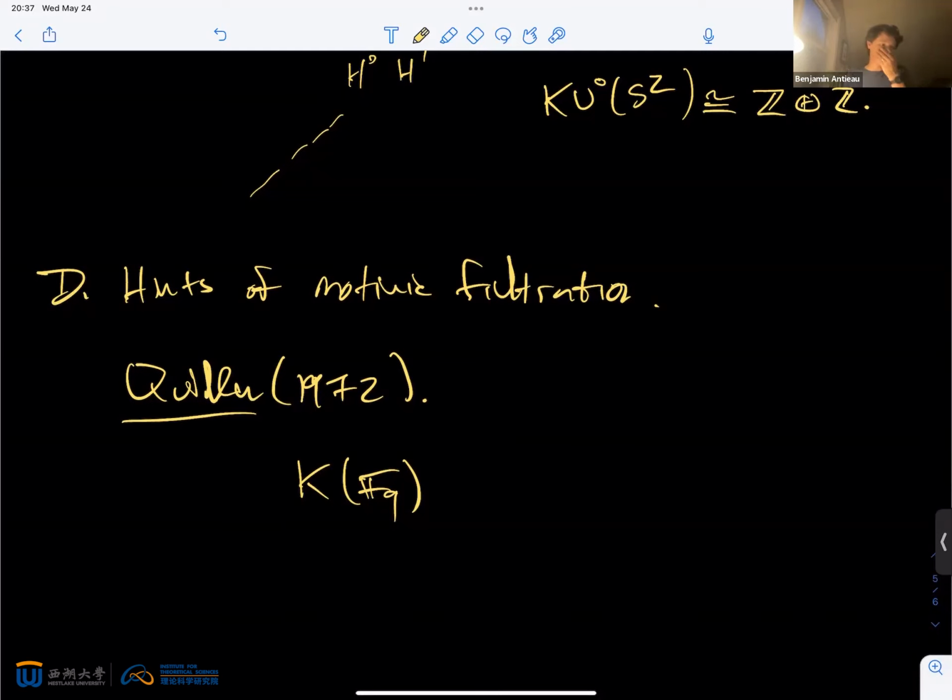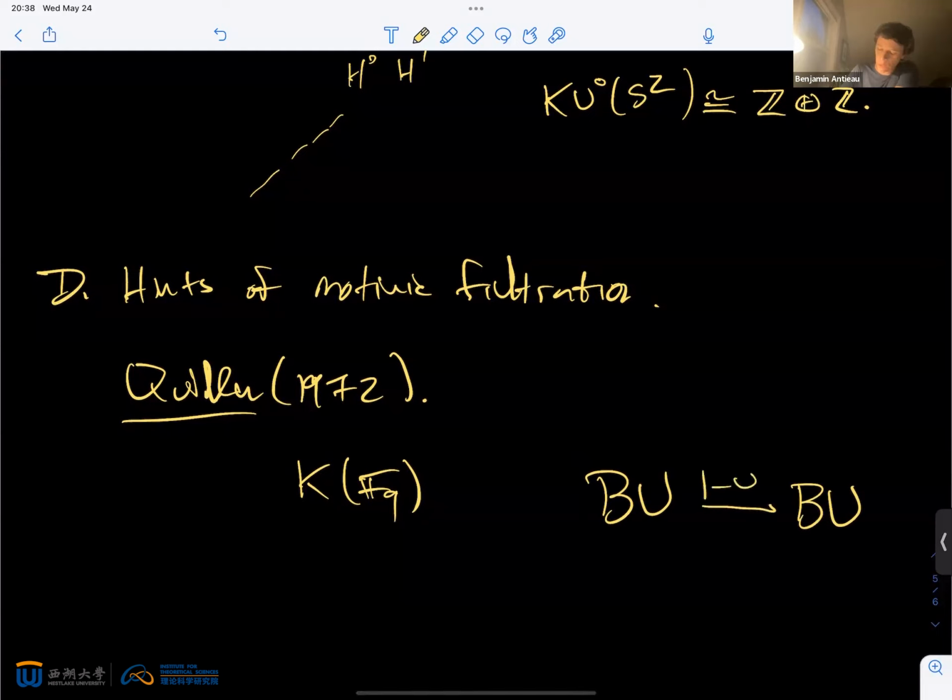The point is that this space, BU, the classifying space of the infinite unitary group, has operations on it called Adams operations.